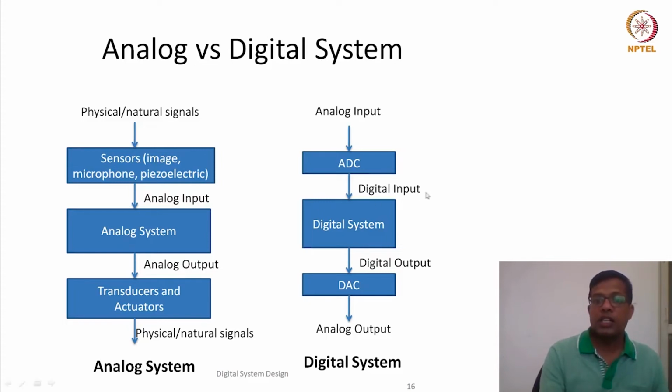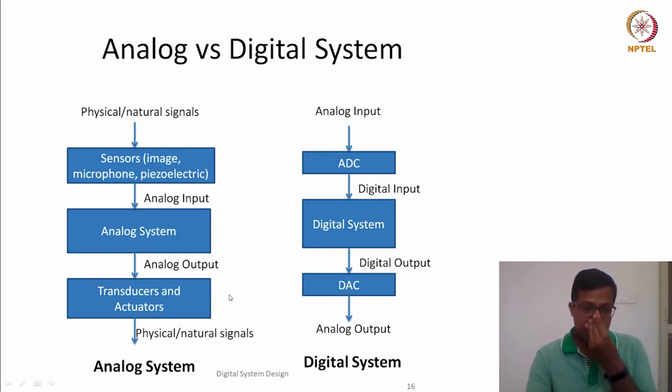So this digital input after ADC conversion would be discrete in time and values. Now the digital system will process this digital input, and again using a DAC, a digital to analog converter, will generate an analog output, and this analog output, using transducers and actuators, will be given back to physical and natural signals.